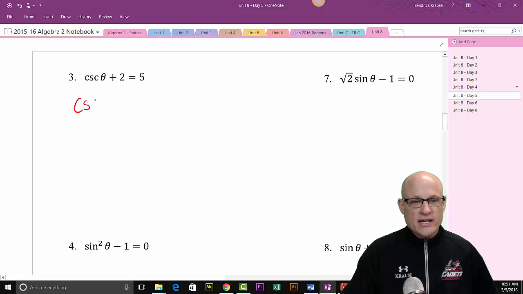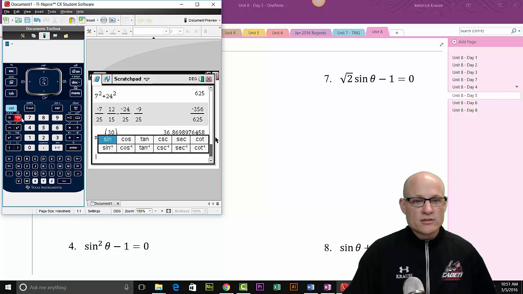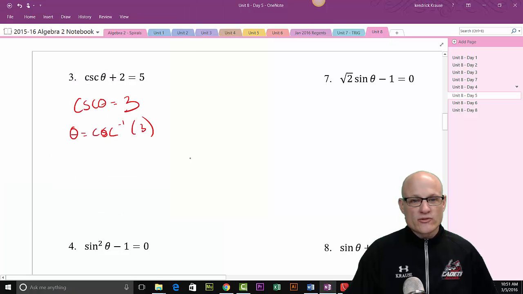Cosecant theta equals 3. When you bring that over, really what we have here is theta is equal to the inverse cosecant of 3. Inverse cosecant of 3, and you get 19.47 degrees.